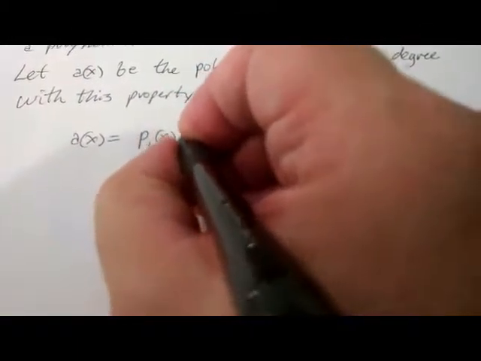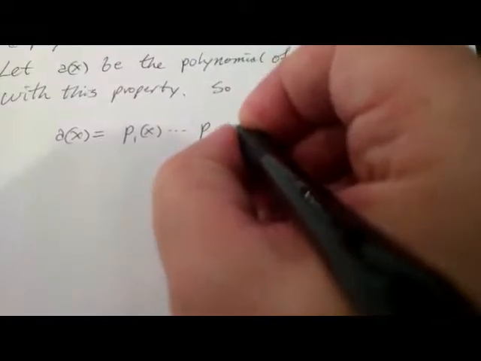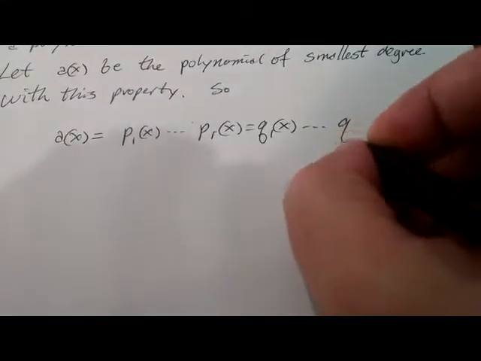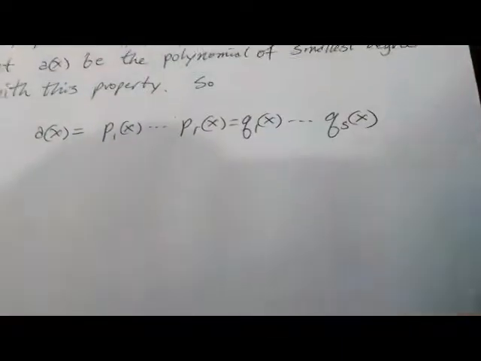So that means we can write a of x as a product of irreducibles. We already have existence, but in two different ways. These two factorizations are supposed to be factorizations into irreducible polynomials, and they're supposed to be distinct. They're supposed to be different.